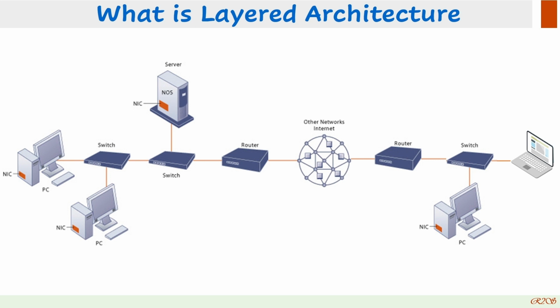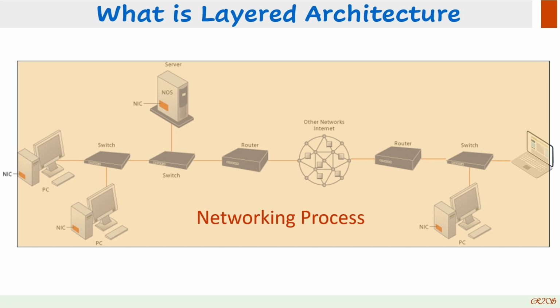If one PC wants to communicate with another PC, the message has to go through all of these devices, and the whole function and work done by all of these devices is called the networking process. This networking process is very complex. There are many protocols and many functions needed to send a message from one device to another.